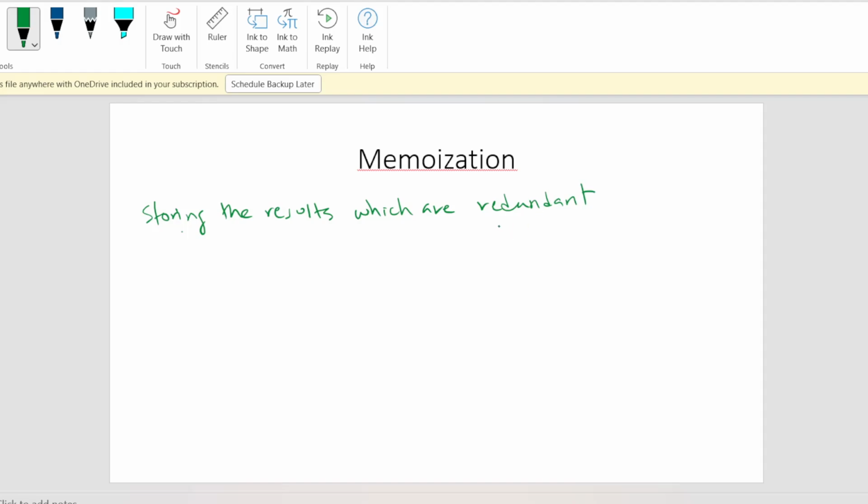Redundant means occurring multiple times. So that we can reuse. Now let us see how to do this, or how it helps.